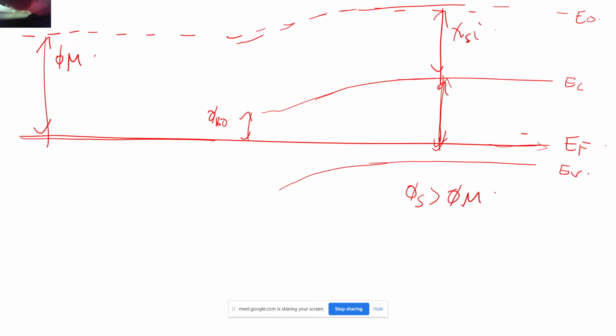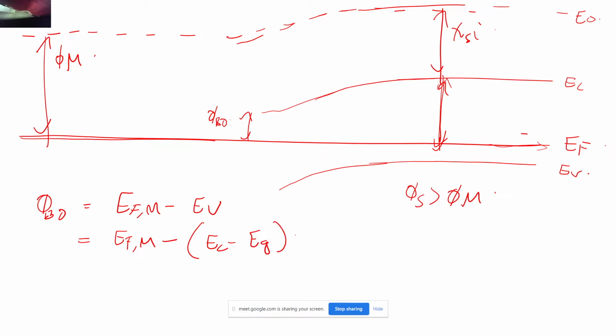So now the phi BO will be nothing but EF of M minus EV, correct? And how can I calculate the EV? So EV I can calculate by doing EC minus EG, correct? So now EF of M and EC I know, and even the EG value I know, right?